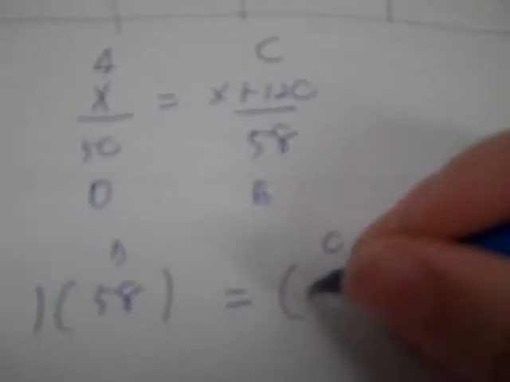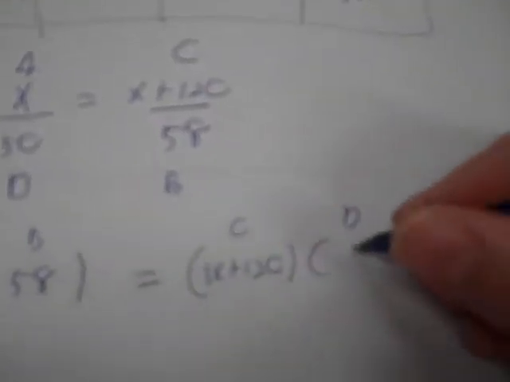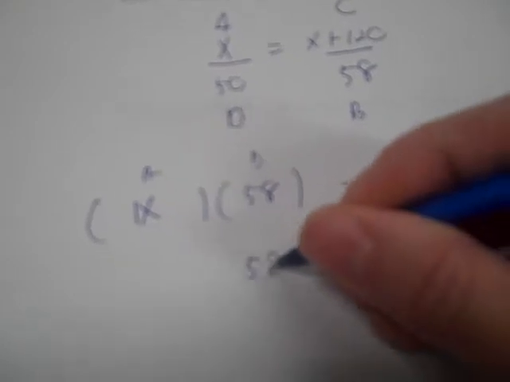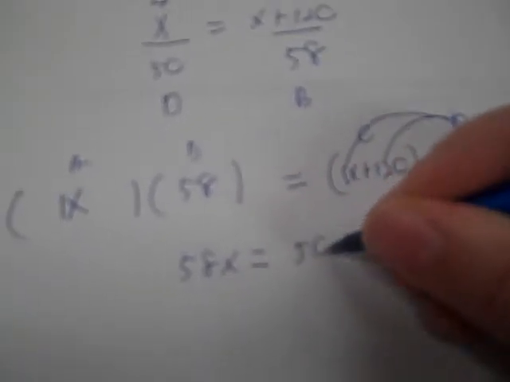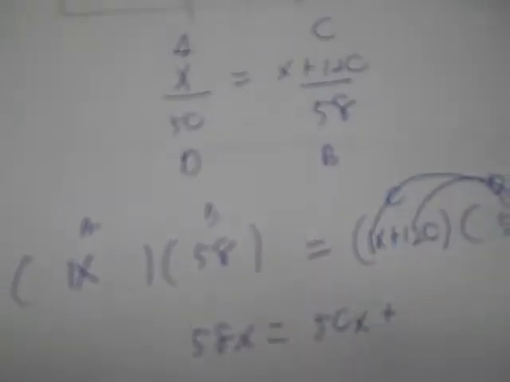And C is x plus 120. I'm going to put a 1 in front of that. I'll put a 1 in front of that too. And then 50. So here I just take 1x times 58. That's 58x. And then I distribute 50 to each of these. And that's going to be 50x plus 120 times 50 is 6,000.